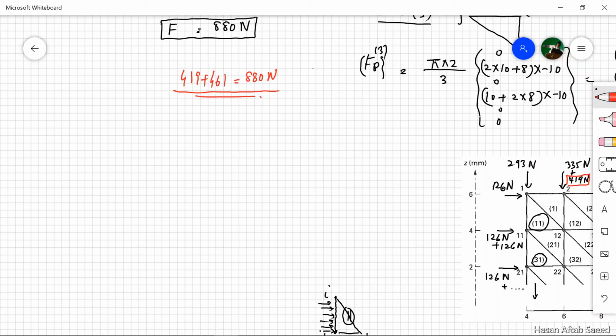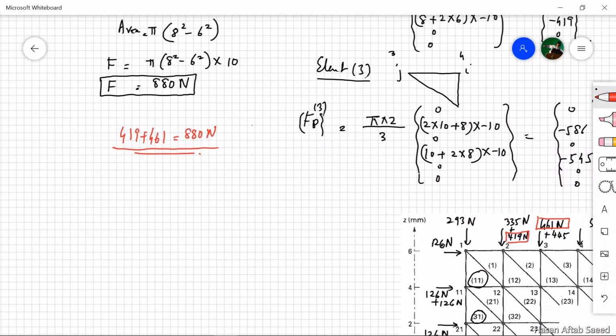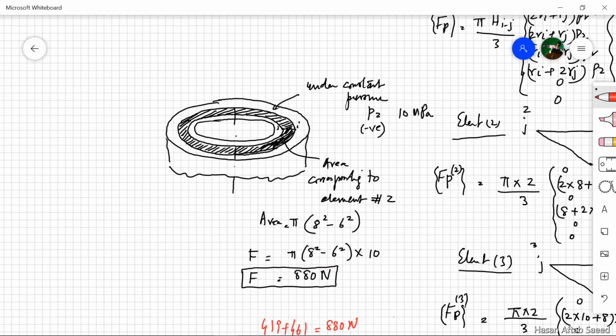Now, obviously, we have not applied this force equally. We have not applied 440 and 440 on the I and J nodes. We have applied a higher value on node 3, which is farther away from the center, and a lower value on node 2, and that comes from the formulas which have their basis in mathematics. But physically also, the farther you move away from the center, there's more area there. So node J in this case should be given a higher value of force.